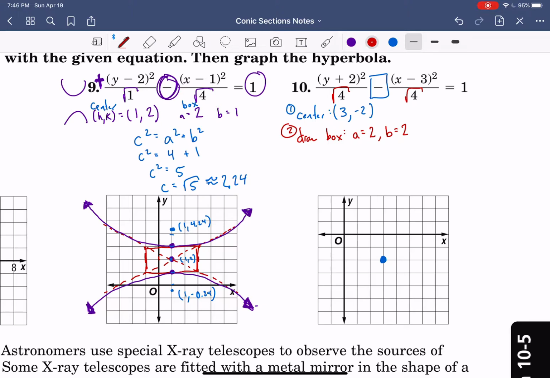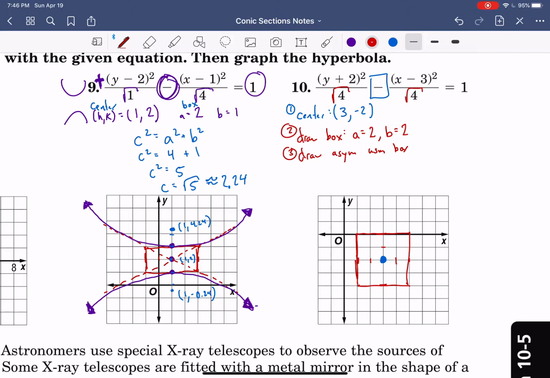Because a is 2, we go 2 to the right, 2 to the left. Because b is 2, we go 2 up, 2 down, and then we just draw that box. Right? Step 3 is draw asymptotes using the box.